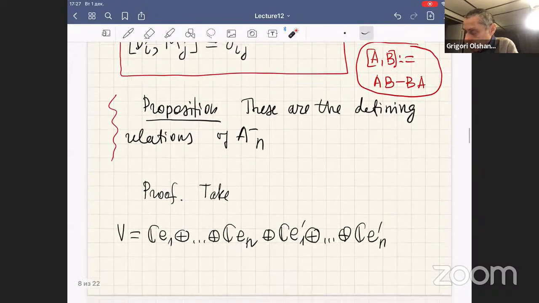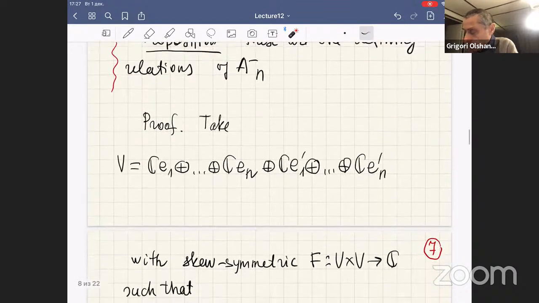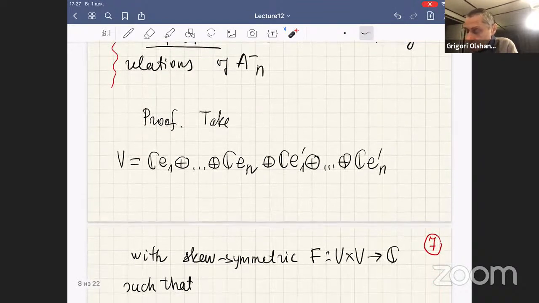It is easy, but maybe I want to prove something. So take as V the space with a distinguished basis, E1, ..., En, and some copy of these vectors, E1 prime, ..., En prime.